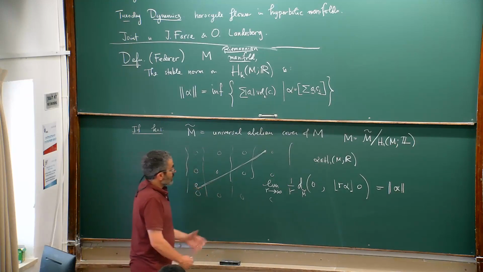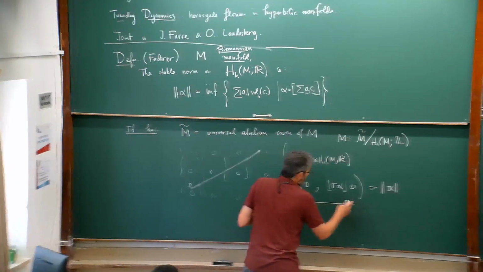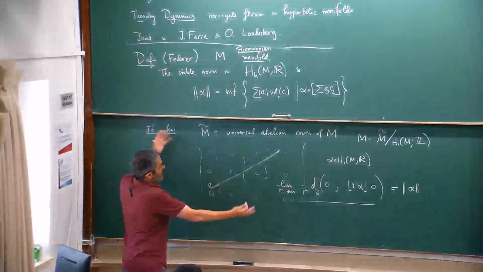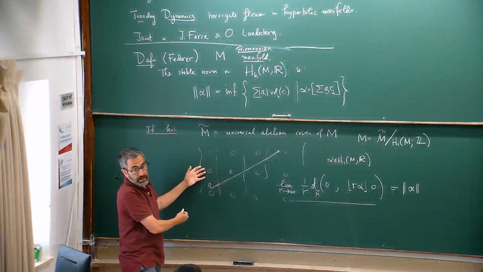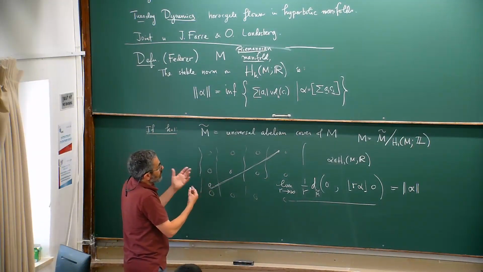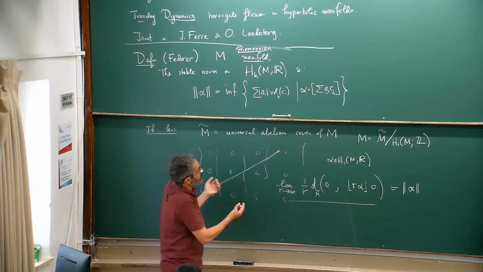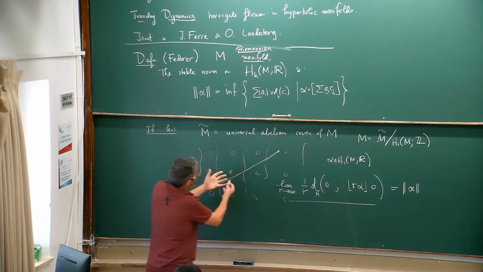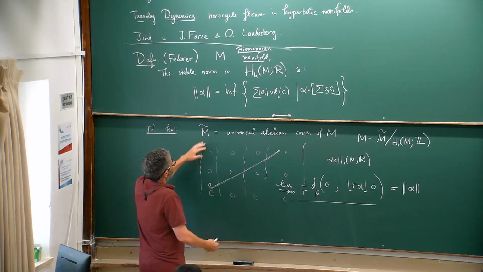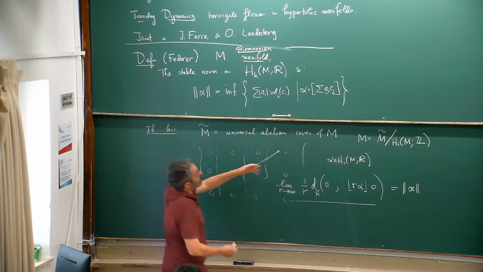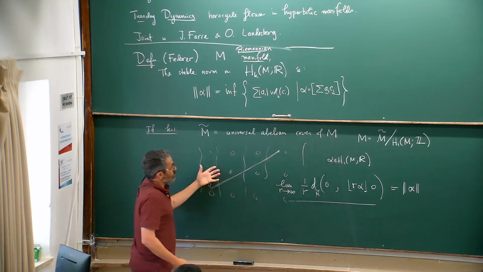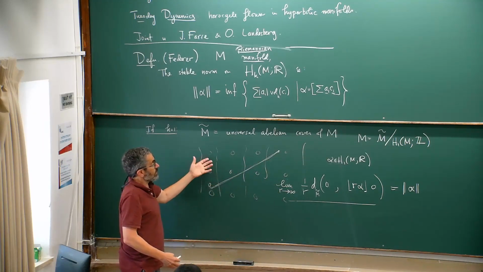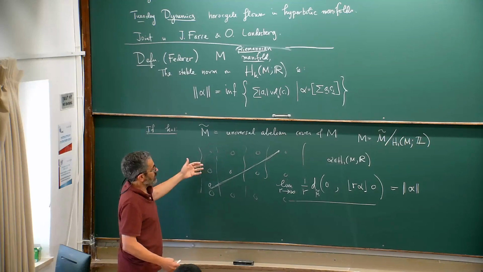And now it's giving us some kind of description of the geometry, the large-scale geometry of this cover of the surface. And of course, if you're only interested in a very rough description of the large-scale geometry, then you could just say, well, the large-scale geometry of this universal cover, if M was compact, should just look like Z to the k, Z to whatever the dimension is of the homology.